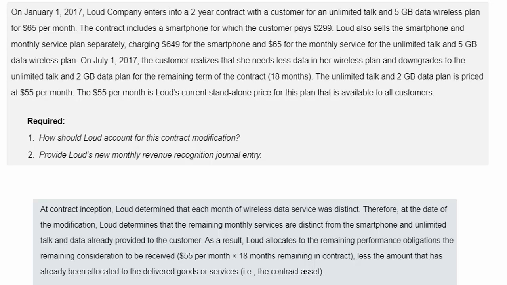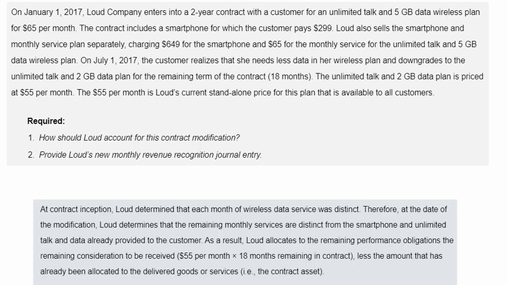Okay, so now we've got some new information on the bottom of the screen, and I'm going to read that. At the contract inception, Loud determined that each month of wireless data service was distinct. Therefore, at the date of the modification, Loud determines that the remaining monthly services are distinct from the smartphone and unlimited talk and data already provided to the customer.